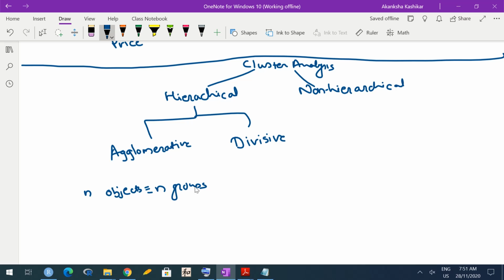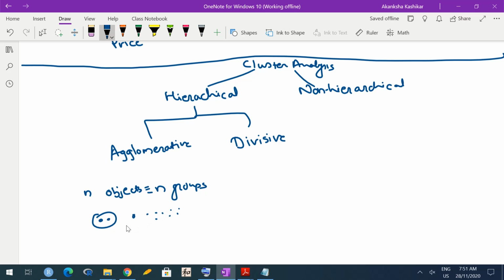Then at the next step, you locate which two objects are closest to each other and you join them. Okay, so you put two objects in one group, everything else remains separate, and you have n minus 1 groups.